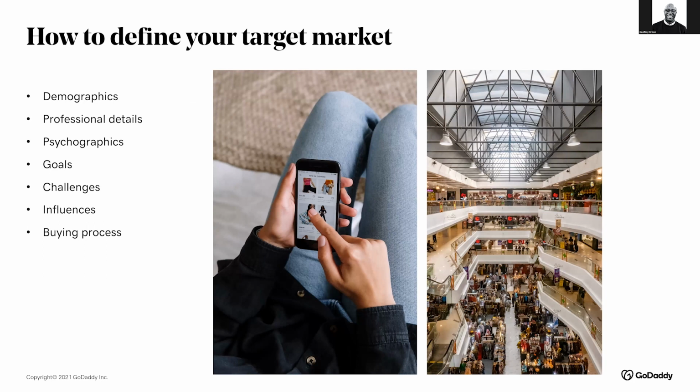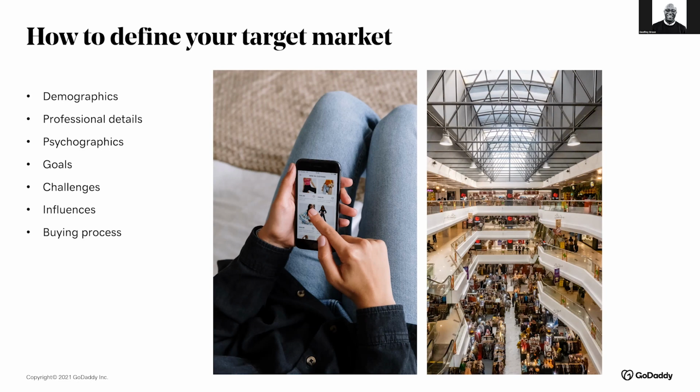So I would love for you to stop using these generic, broad classifications for your target audience and instead spend some time going deep into defining that ideal customer. So to create a complete description, or what we call a buyer persona, you want to outline some of these characteristics you see here. Some demographics, which are that statistical information about your audience.